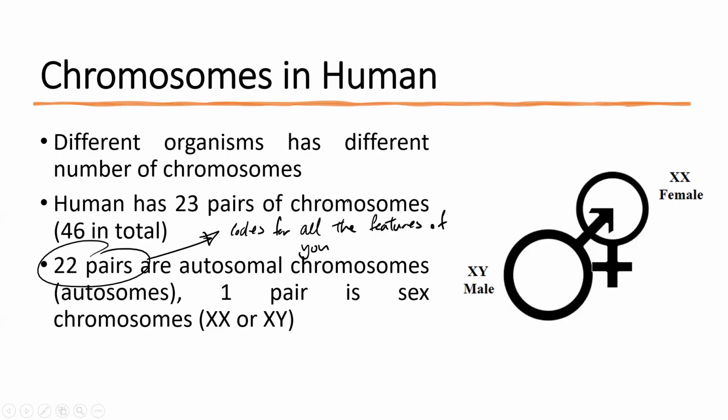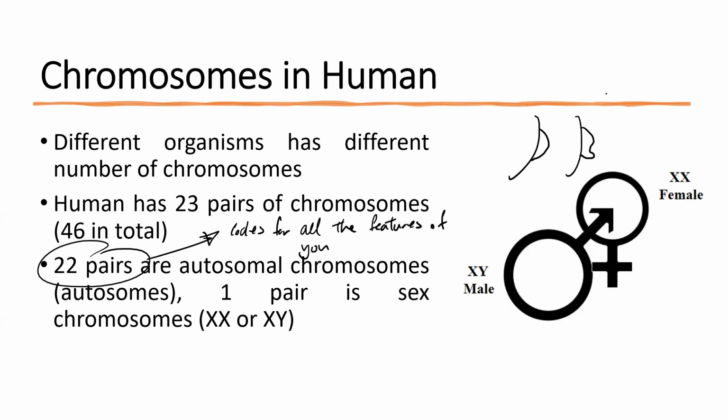Your hair color, your blood type, the kind of earlobes you have. Some people have detached earlobes. Some people have attached earlobes, right? You know what I'm talking about? Like if this is the face, this is attached earlobes, and this is detached earlobes, right?